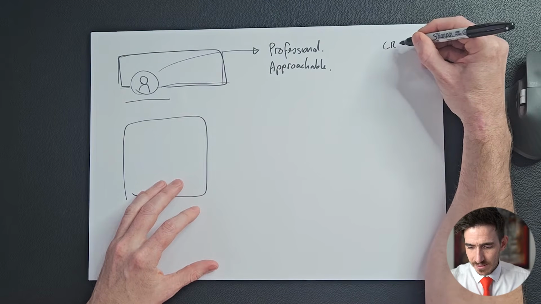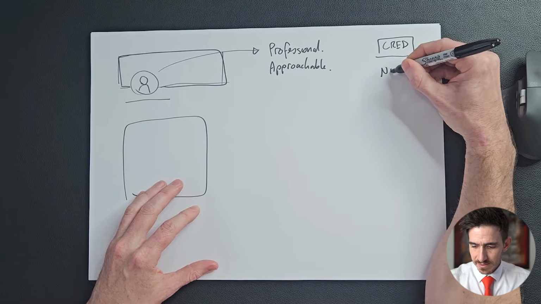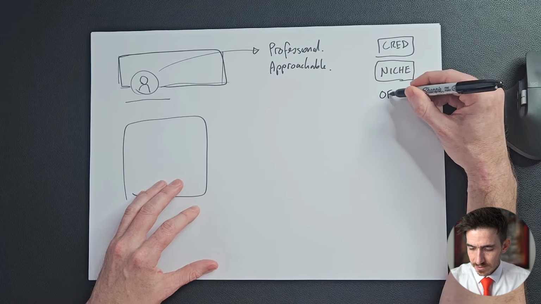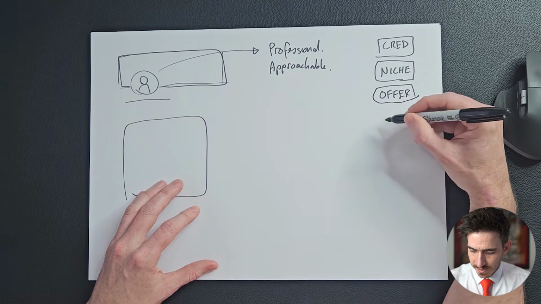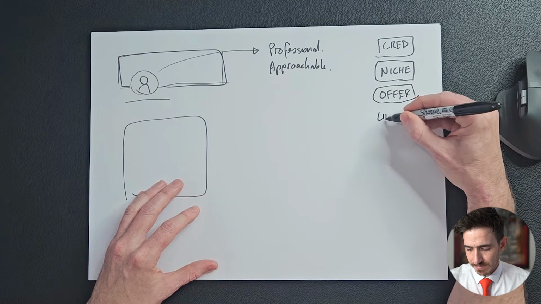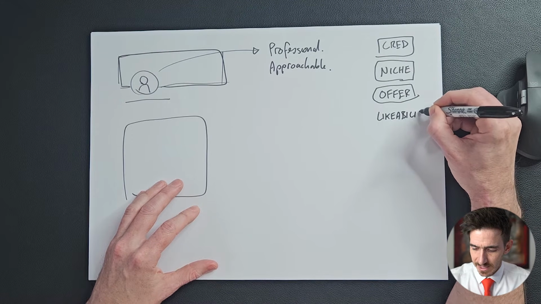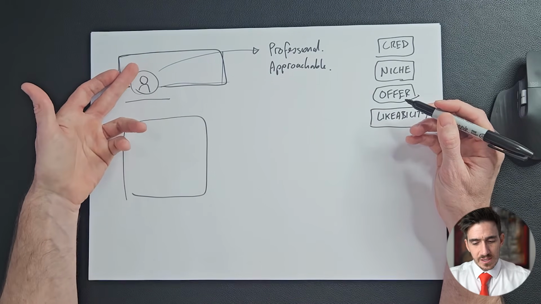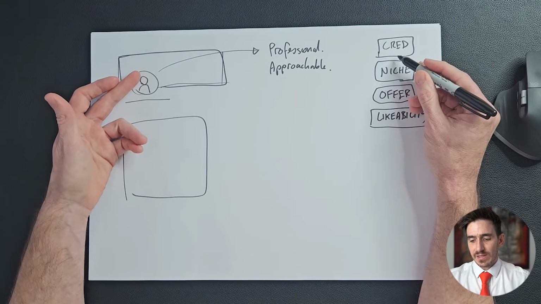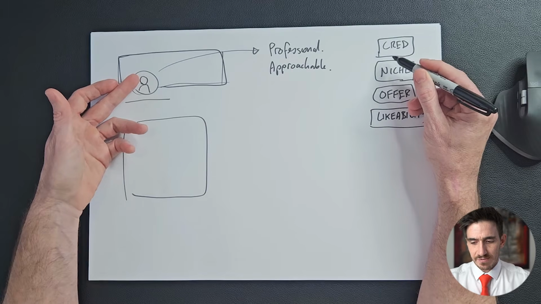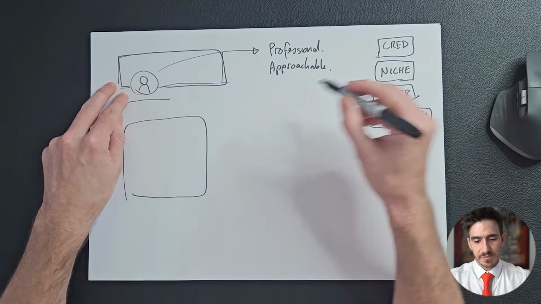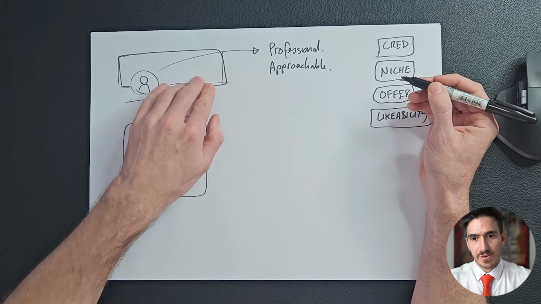We talked about credibility, niching, a strong offer, and branding or likability. Think about which of these you can leverage to create a better, more attention-grabbing background image.